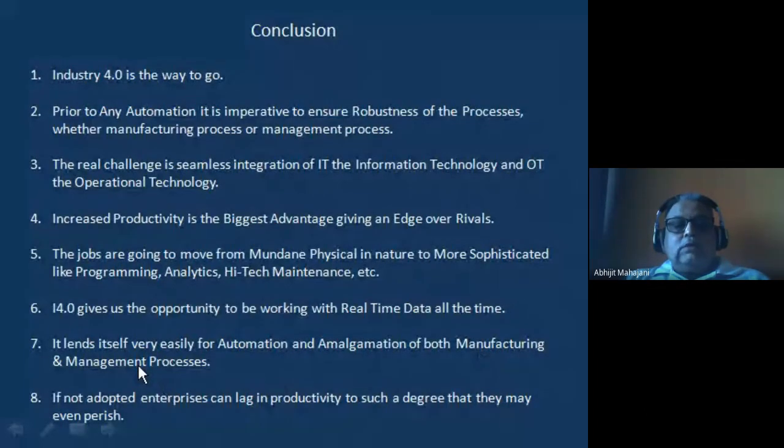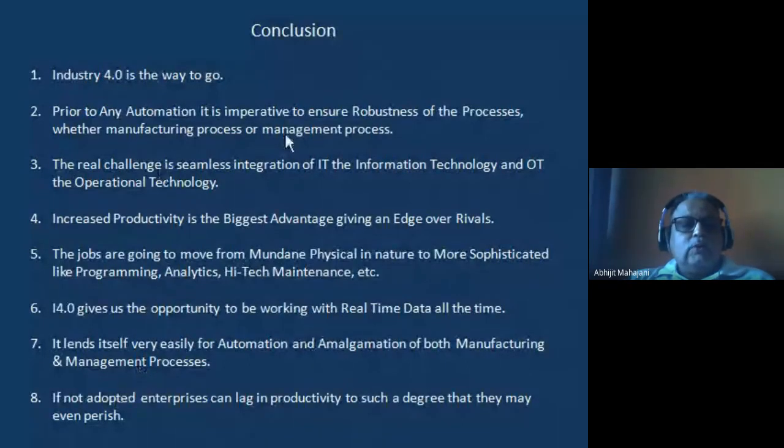This is something that will lead to an autonomous factory. I mean, you have not just machines, but other equipment like your AGVs, your ASRSs, your robots, all connected together, and you can literally manufacture products without any human intervention.